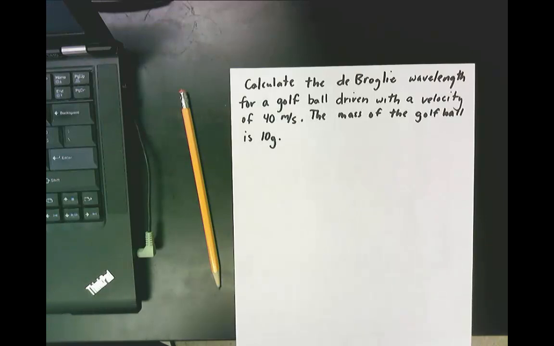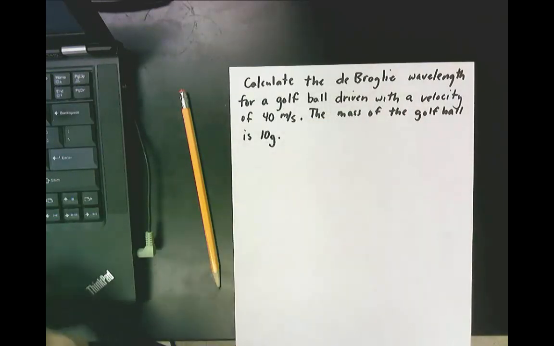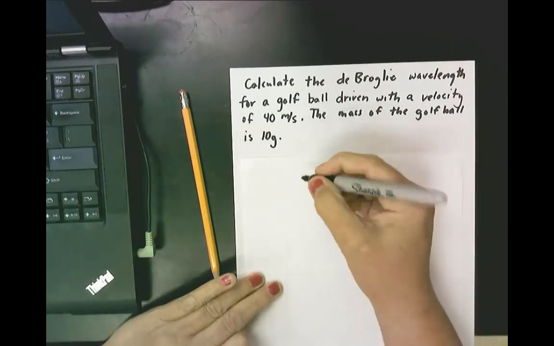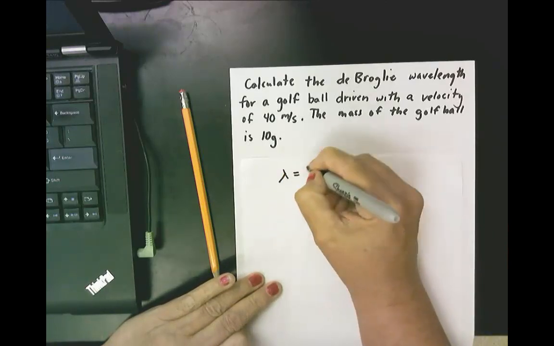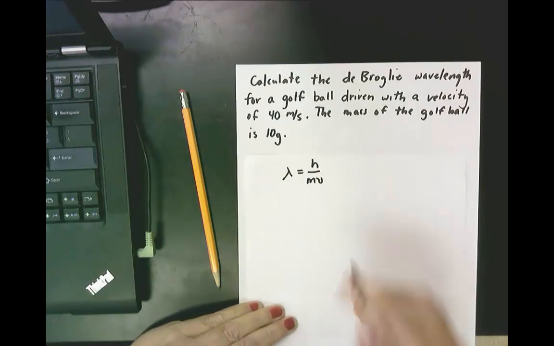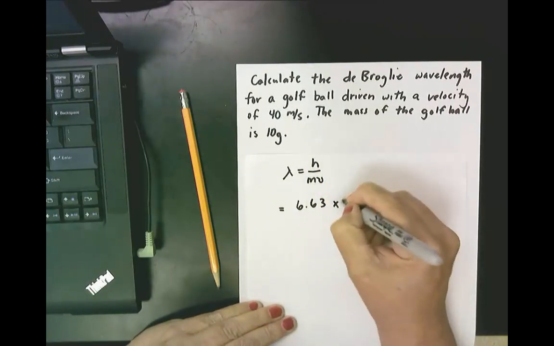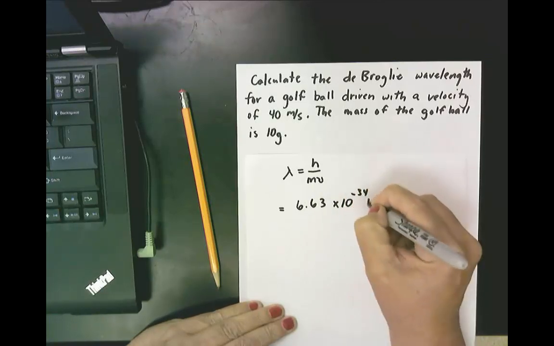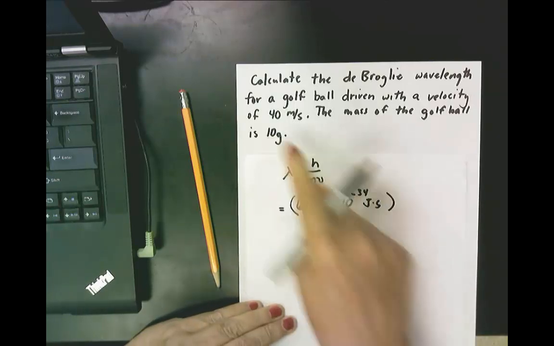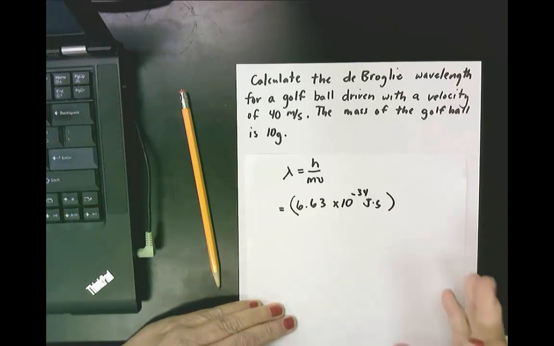Okay, so if we use de Broglie's equation, okay, and plug in what we know, we know Planck's constant, we know the mass, and now the mass should be in kilograms to keep all our units consistent.